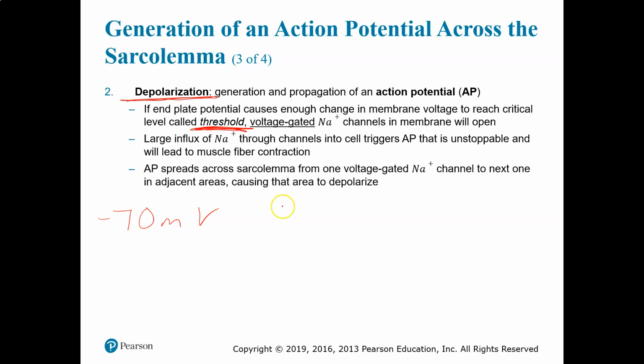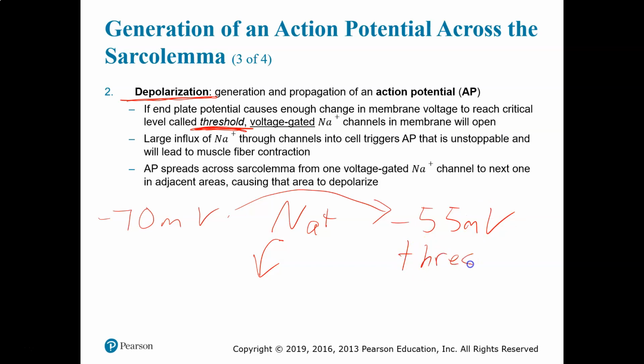So if there is enough sodium coming into the cell that this potential reaches at least negative 55 millivolts, we call that threshold. If that is reached, then you're going to have more voltage-gated sodium channels opening, because the voltage change is what opens those channels.